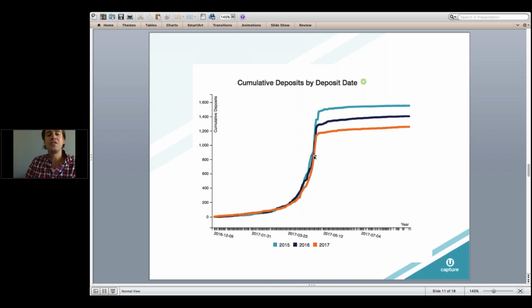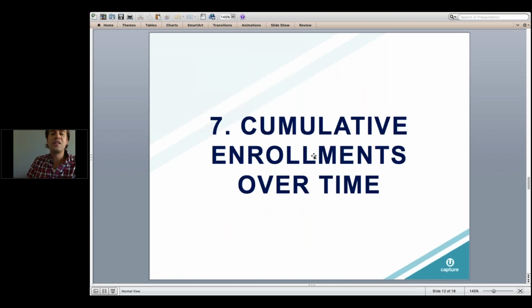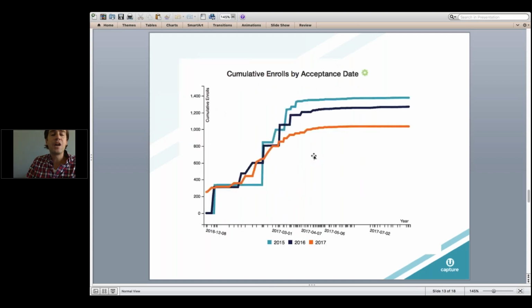Along those same lines, there's another way we look at it, and that's the cumulative enrollments over time. So if we have an admitted date or acceptance date, then we can calculate this graph. And this is especially useful because the way we make predictions is it changes over time. Early on in the cycle, we're only predicting maybe a couple hundred students are going to enroll out of the students who you've already admitted.